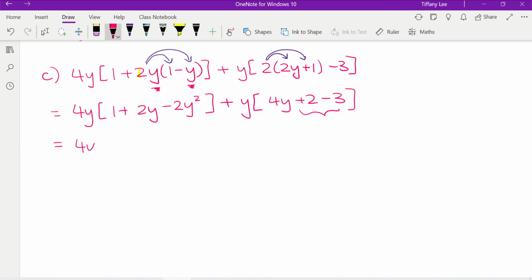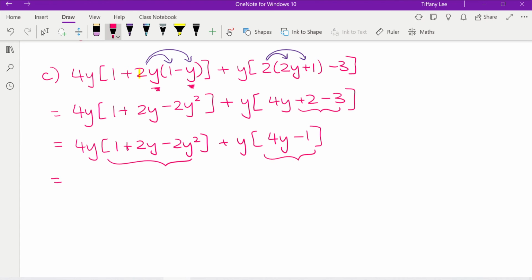I'm going to leave that as is. So here inside my square brackets, I have 4y, and then positive 2 minus 3, that's negative 1. All right, so now I've simplified everything within my square brackets.